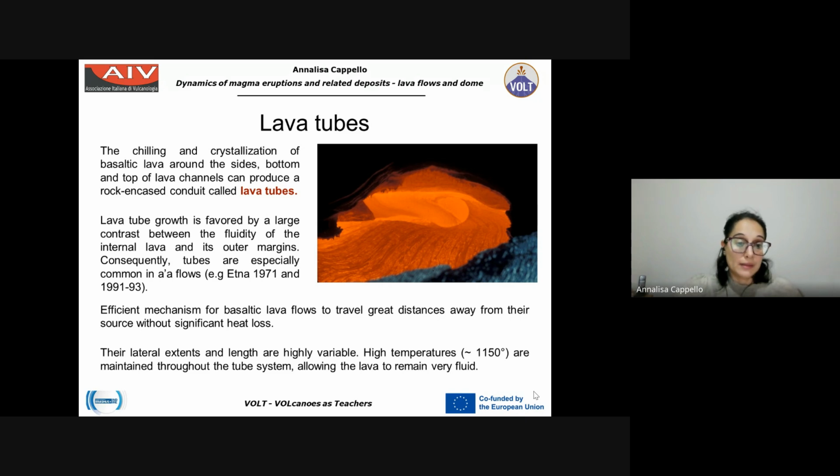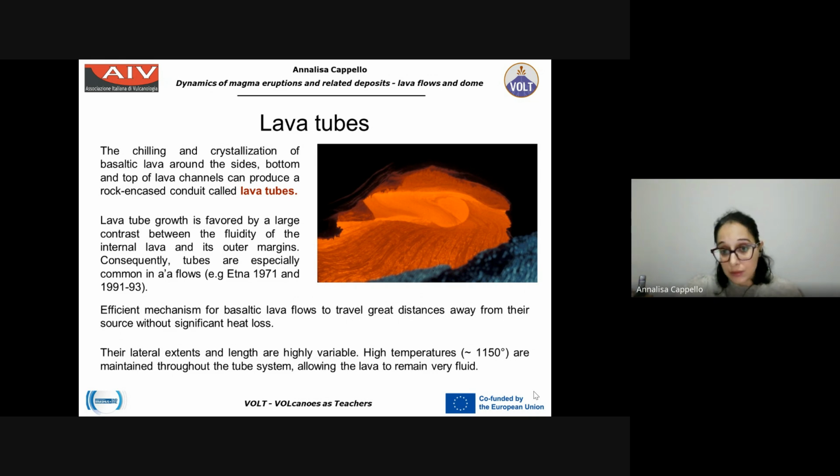For example, they are typically less than 1 kilometer long, but there are also lava tubes in Australia which are more than 100 kilometers long. Also, the width can be very different, from less than 1 meter to more than 15 meters.